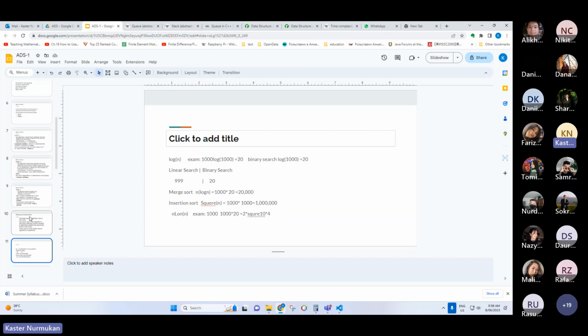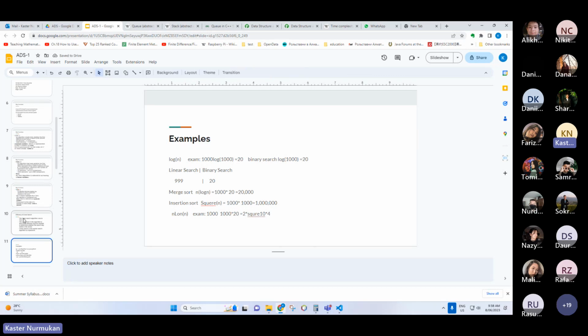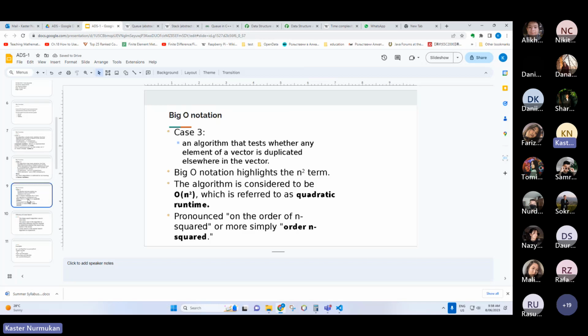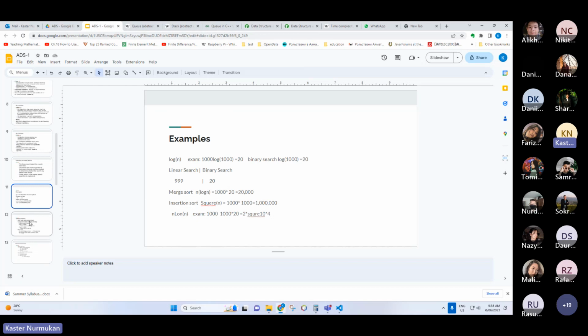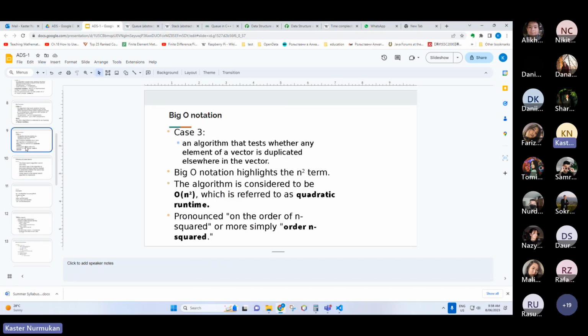Now, I think in order to understand the algorithm, we're going to give a little bit of example. By the way, there also exists another case, log n time. Did I add log n time? There should be another case.